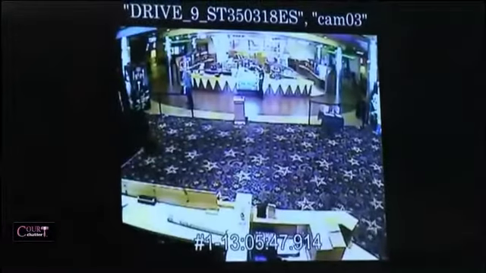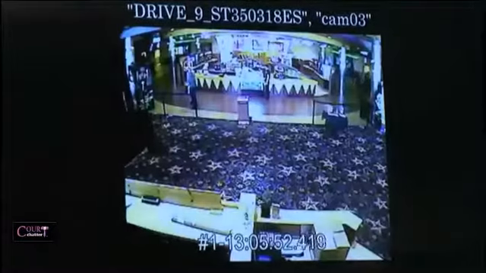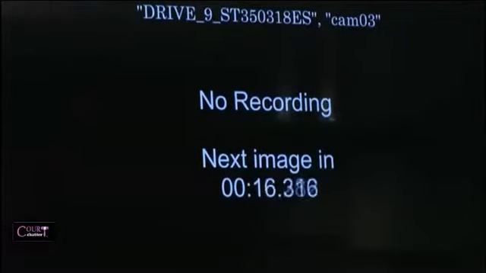Now, Mr. Koenig, while we're watching this film, there appears to be some black files or images appearing on the system with a "no recording, next image in" message. What is that? All the areas where you see the black image, some of them are very brief, but any of them over areas where it shows a non-recording there. So any areas over 1 second, we put the message in there.